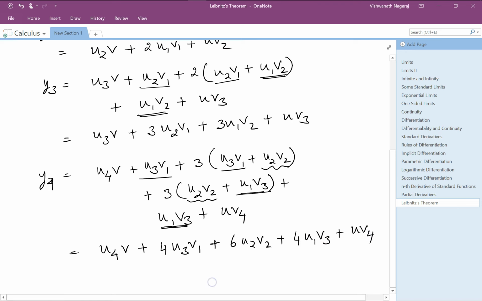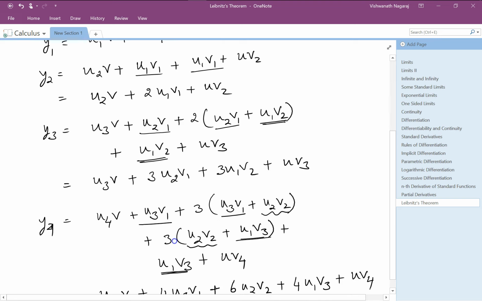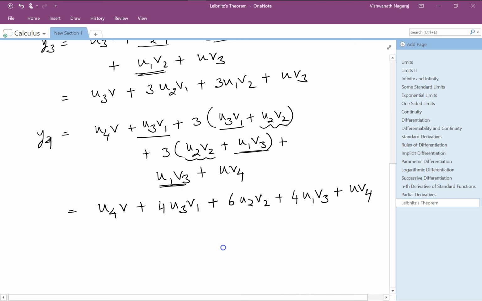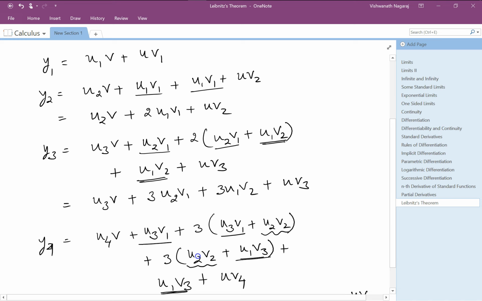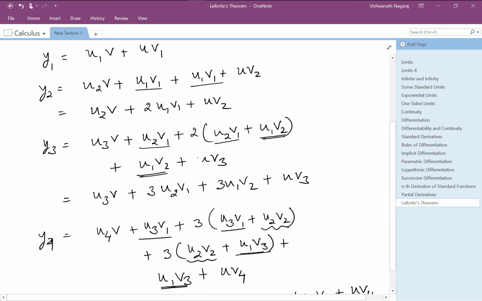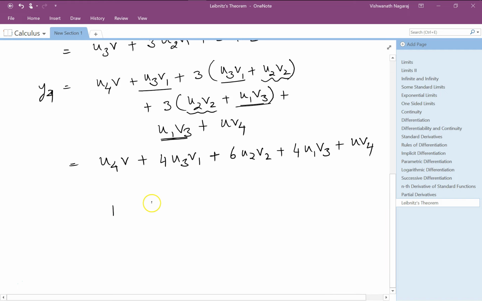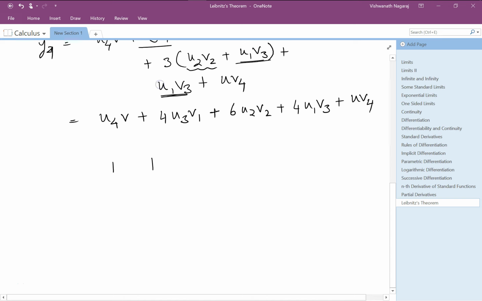Okay, now as you keep observing y2, y3, y4, let's look at the coefficients first. You might realize there is a pattern. In y1 the coefficients are 1, 1. In y2, 1, 2, 1.